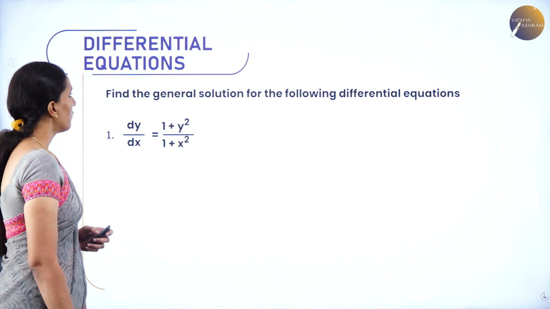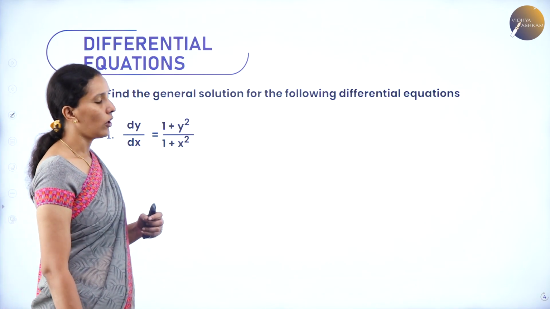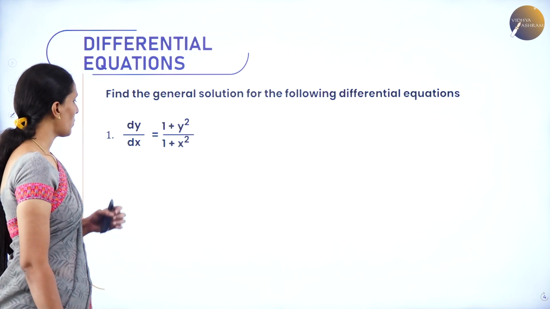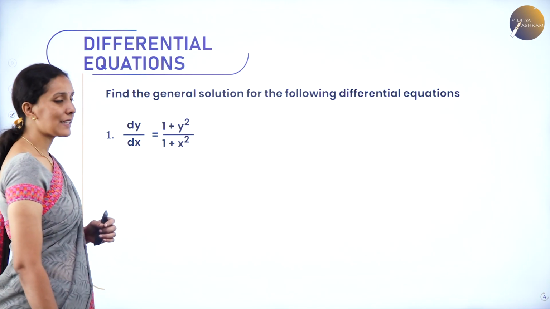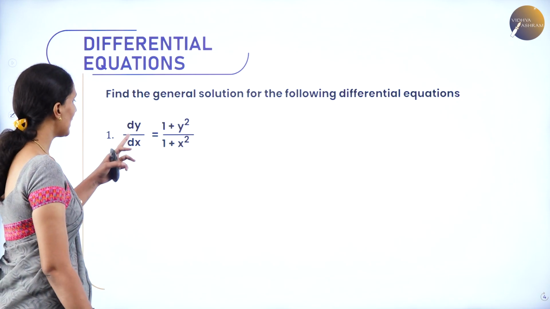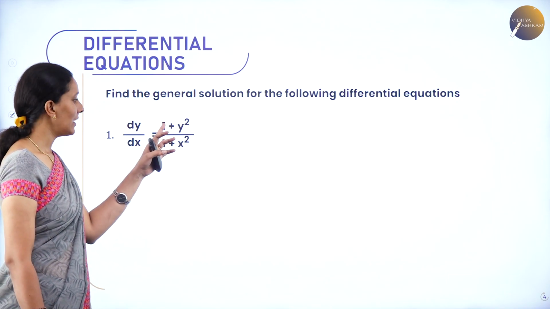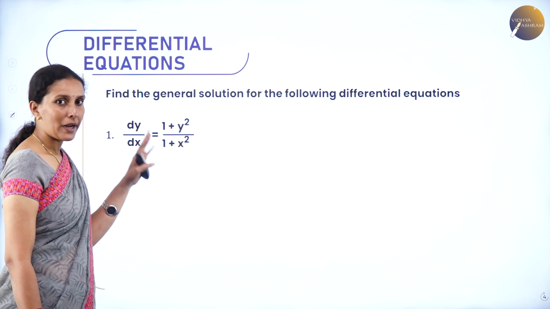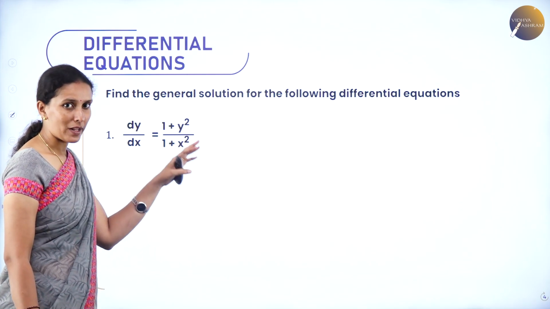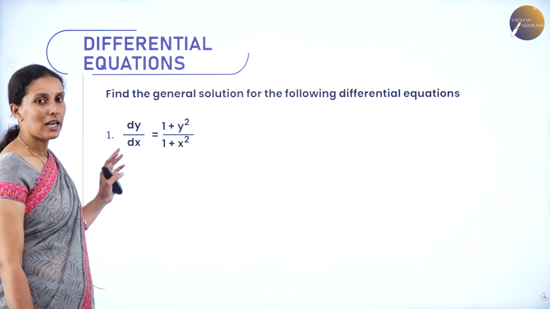Find the general solution for the following differential equation. First one is dy by dx is equal to 1 plus y square by 1 plus x square. So clearly, see here I have dy by dx and here I have 1 plus y square over 1 plus x square. Let me separate all x variables on one side and all y variables on the other side.